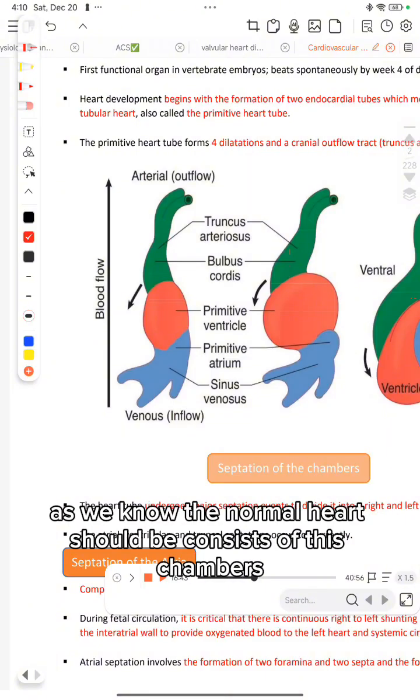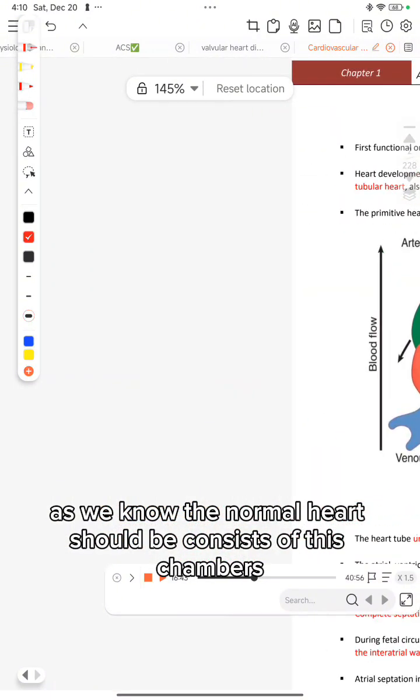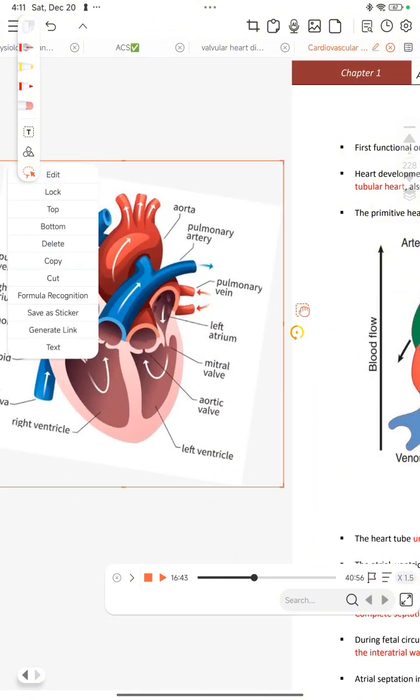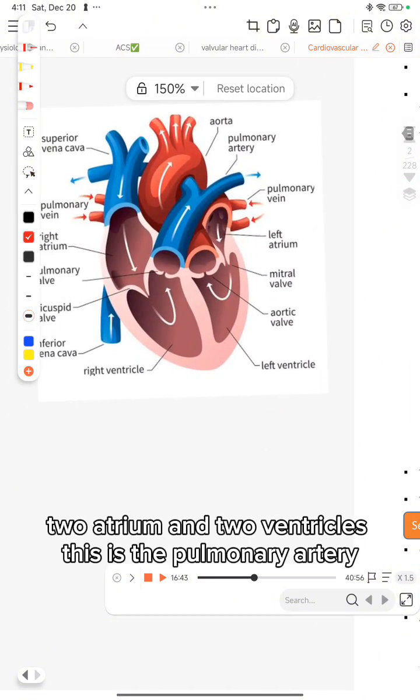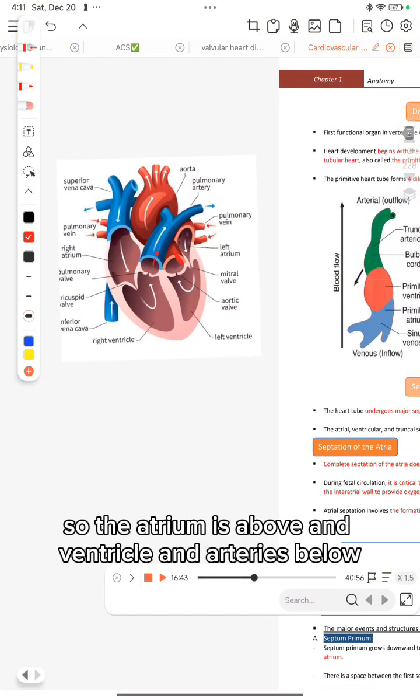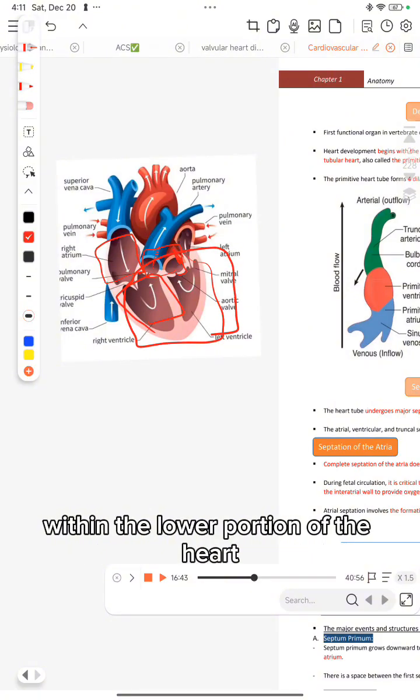As we know, the normal heart consists of these 4 chambers, 2 atria and 2 ventricles. This is the pulmonary artery, the blue, and this is the aorta. So the atrium is above, and the ventricles and arteries are below, within the lower portion of the heart.